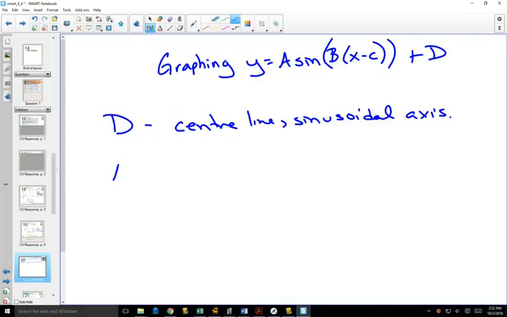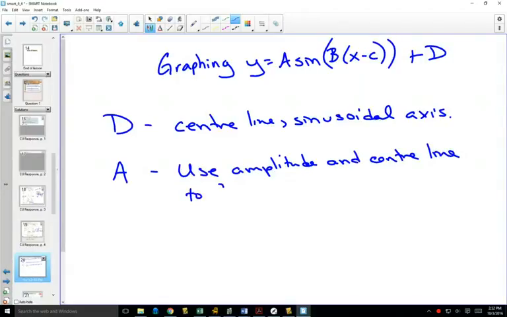After graphing our sinusoidal axes, we're going to look at our A value, because our A value is our amplitude, and we can use our amplitude and our center line to find our maximum and minimum.